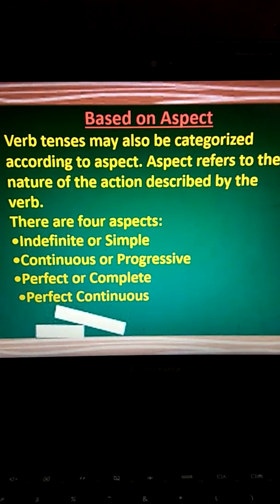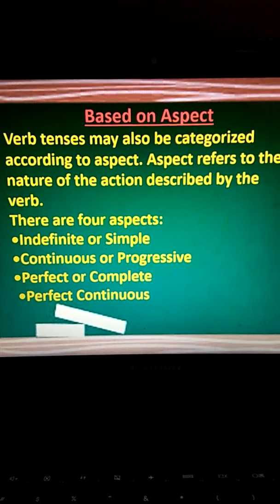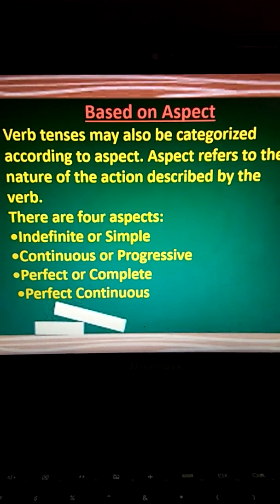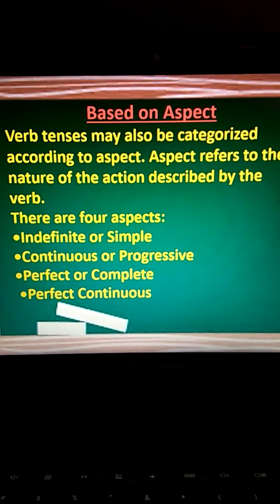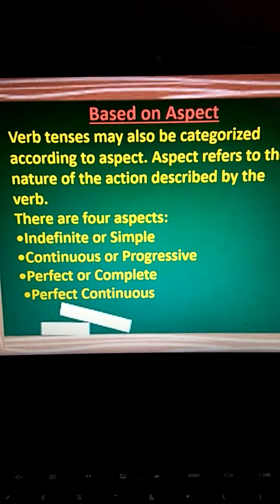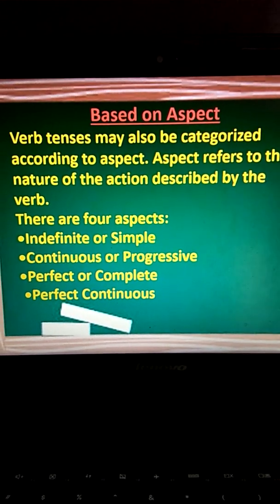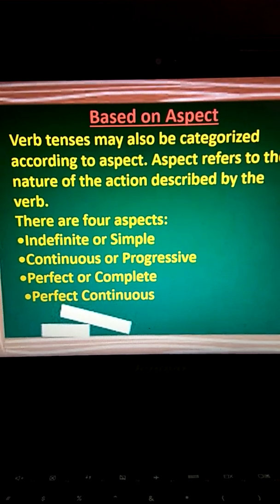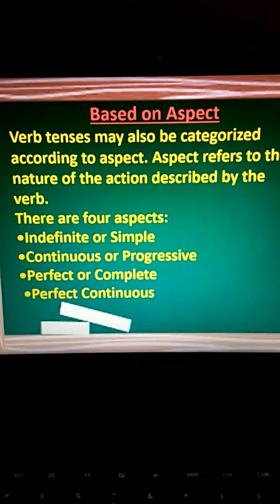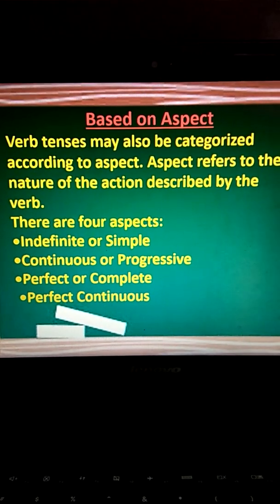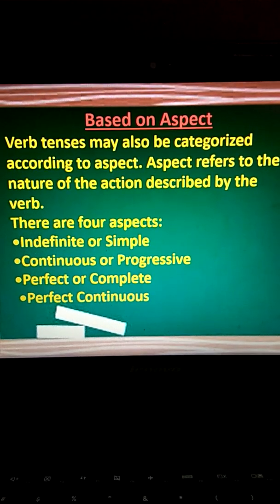Aspect refers to the nature of action which the verb is doing. That means whether the verb is still working, or whether the verb works every day in this way, or whether the verb had finished its work, or whether the verb had started the work in the past and is still doing the work.